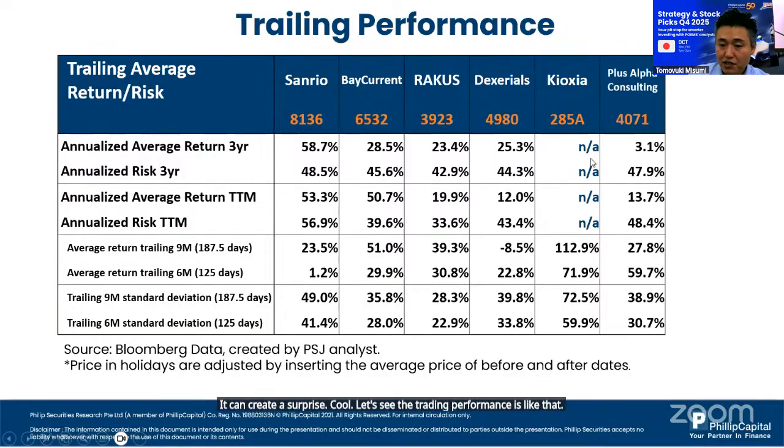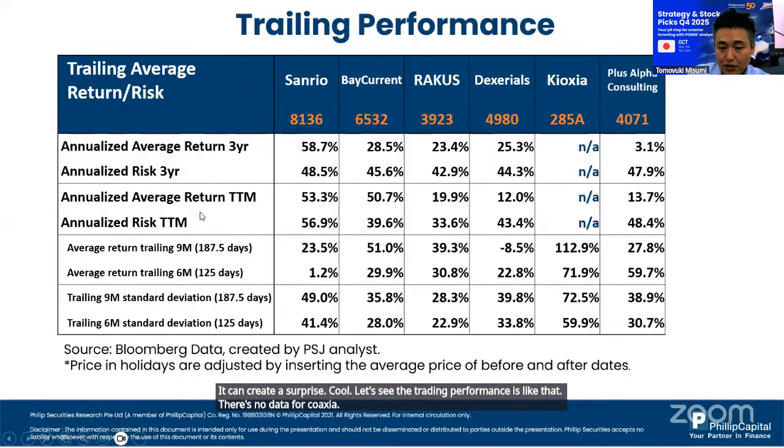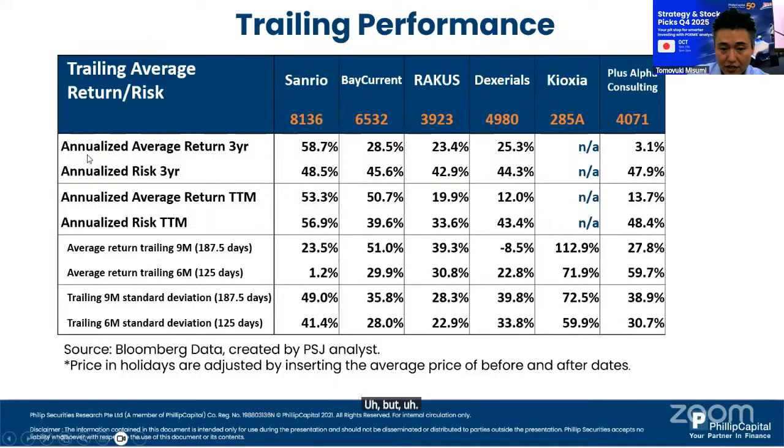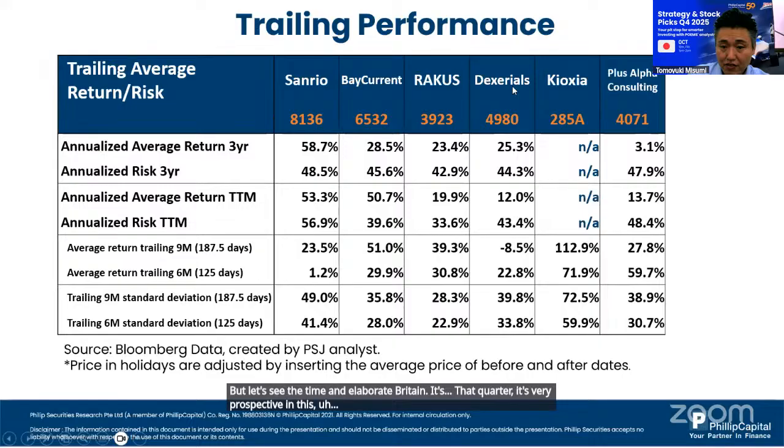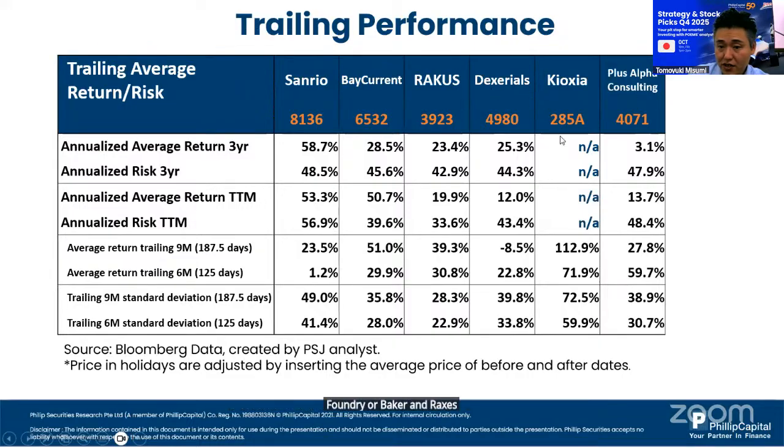There's no data for Kioxia, but let's see the annual average return. That quarter is very prospective in these Sanrio, Bacon, racks and Dexterias.